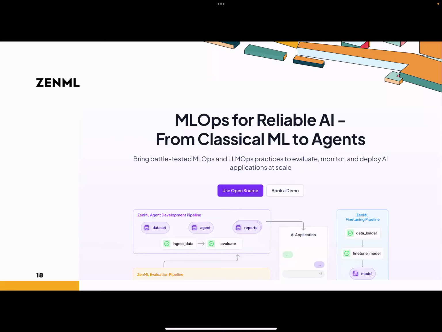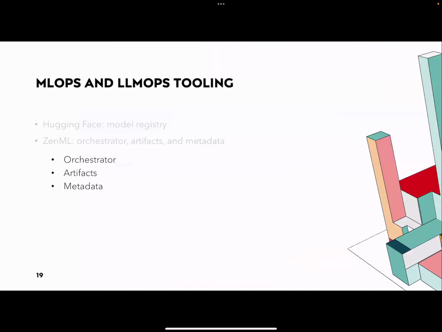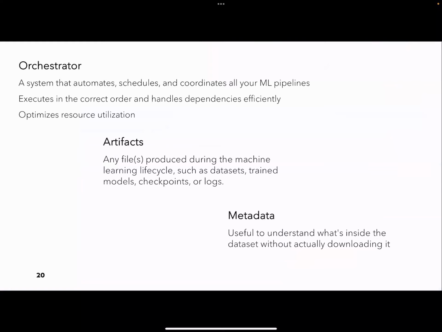This is allowing you to manage your entire pipeline from one place, put all the pieces together. But really, those three things that I said I would cover, orchestration, artifacts, and metadata, those are the key things of ZenML. So let's go into all three of them.